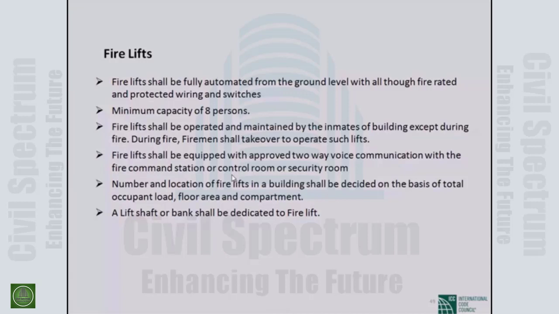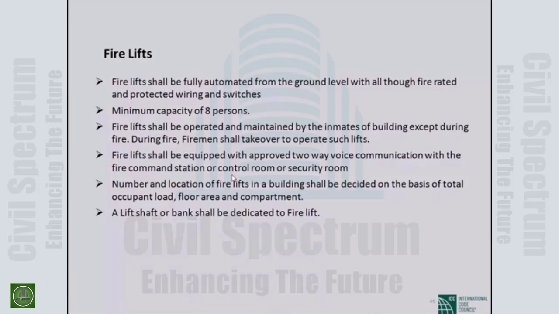At the time of fire, all lifts will not be used by the normal people. Fire lift will be operated by the firemen only, and normally all other people except firemen should never use the fire lift. But at the hospital, you must use the fire lift because some patients who are living upstairs need the lift for their evacuation.